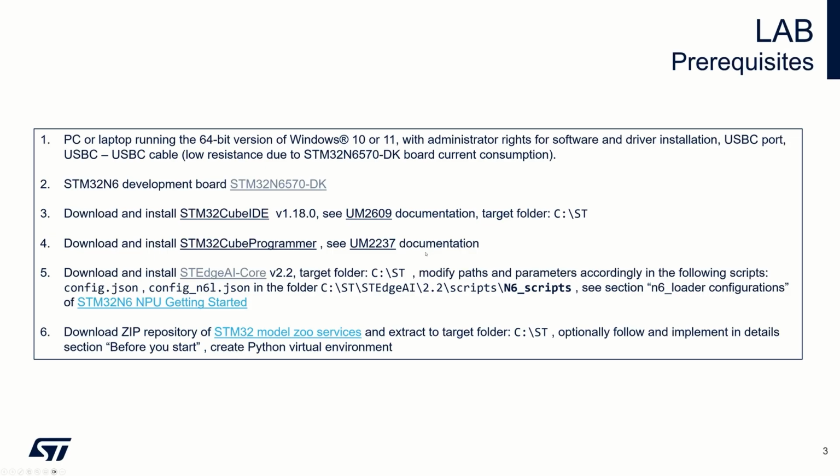An important point, after installation of STEdgeAI-Core, is to modify all the paths and parameters of the config.json and config_n6l.json files. Those files are located in the STEdgeAI repository in the n6_scripts subfolder. I can show you.